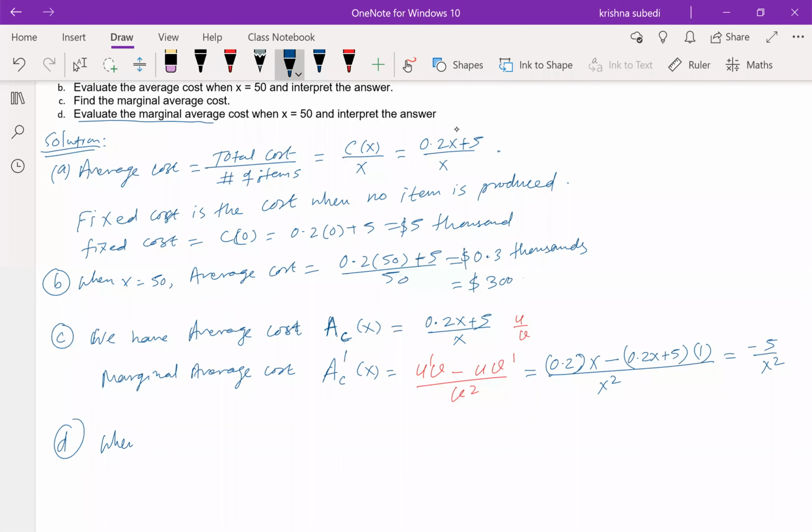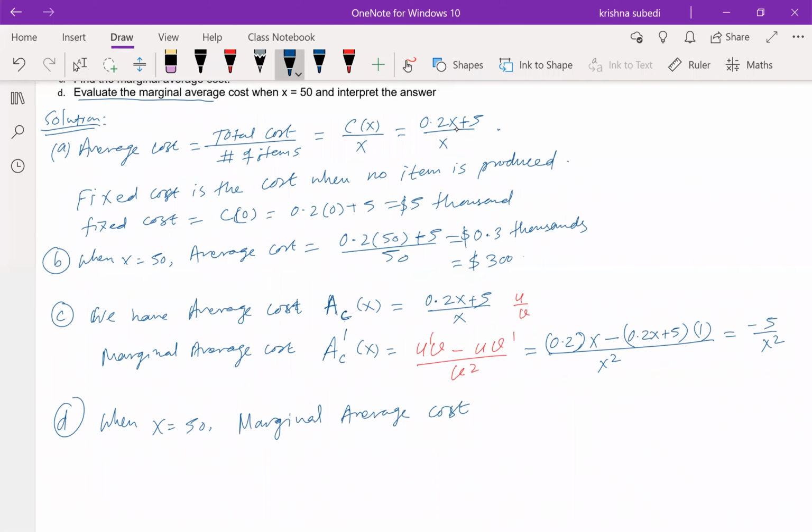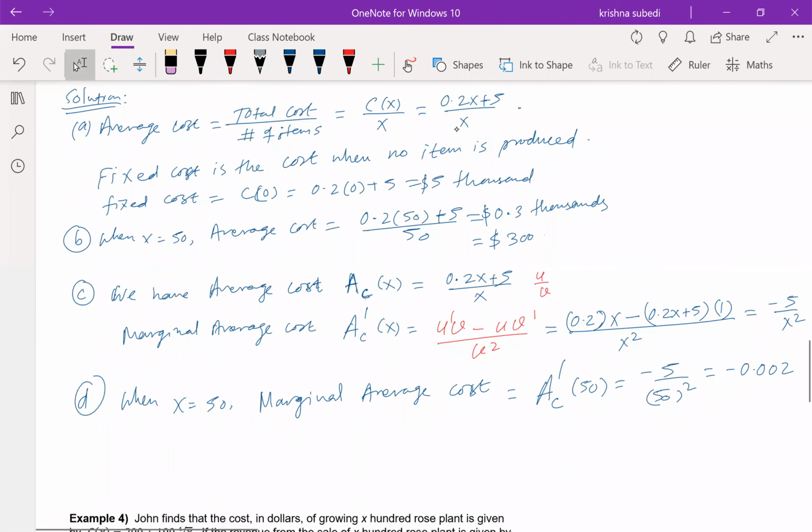So when x equals 50, your marginal average cost equals A sub C prime of 50, which means negative 5 over 50 squared. That's going to give you negative 0.002. What does this mean?